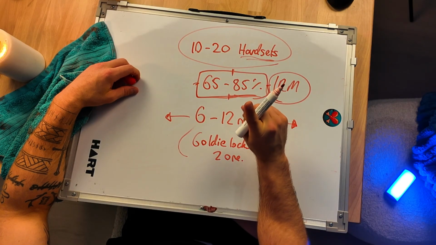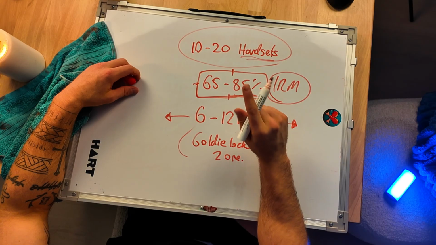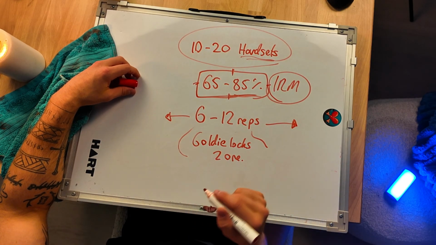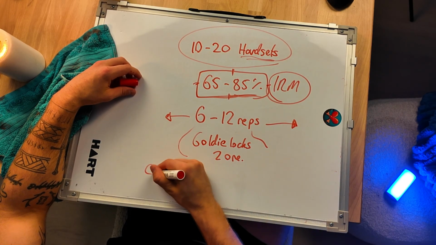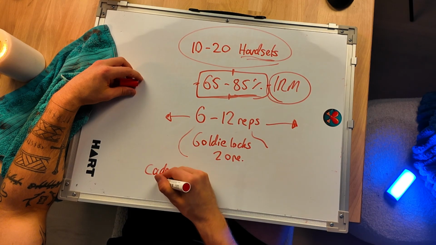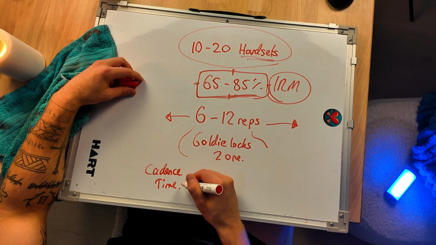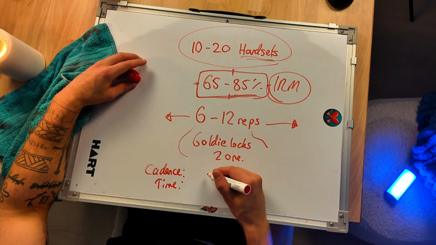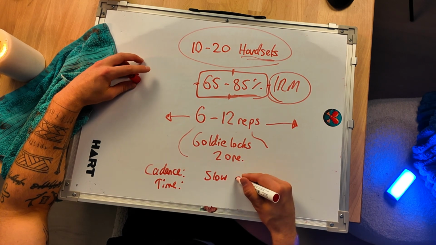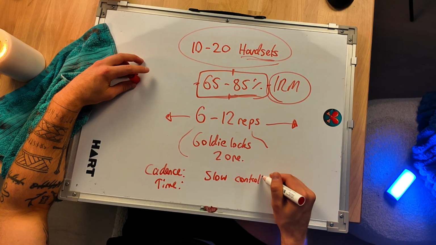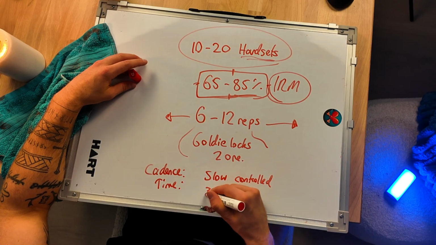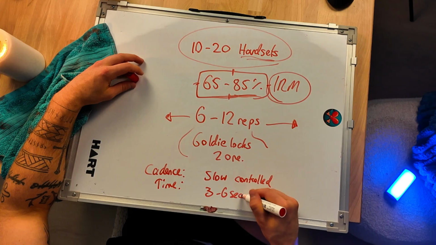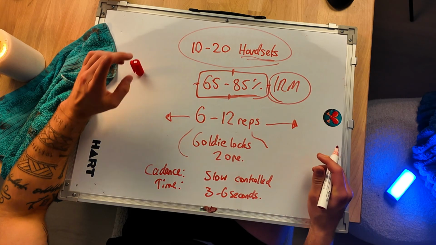There is another factor that we're looking for in hypertrophy, and it is cadence, or time under tension. What does that mean? It means that when we're doing reps, we do them slow and controlled. So each rep might take anywhere between 3 and 6 seconds. Why?